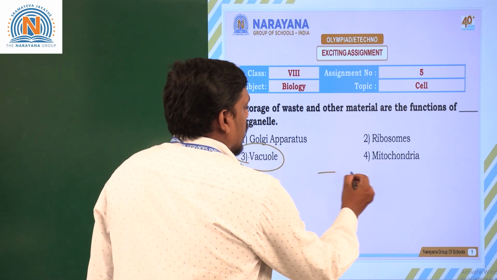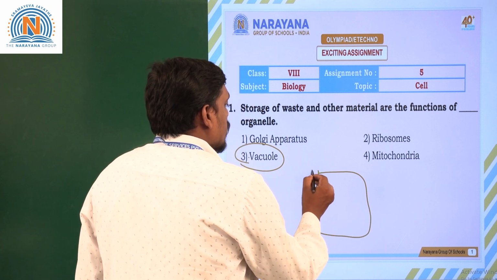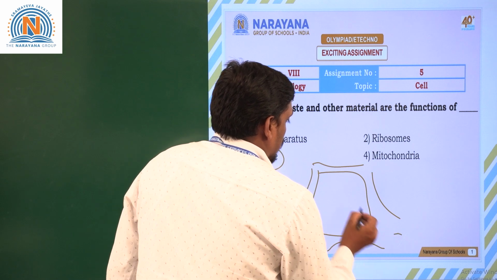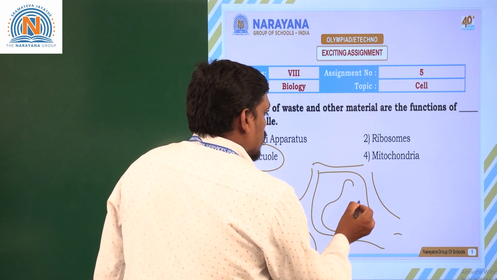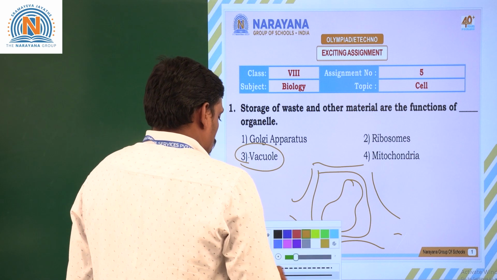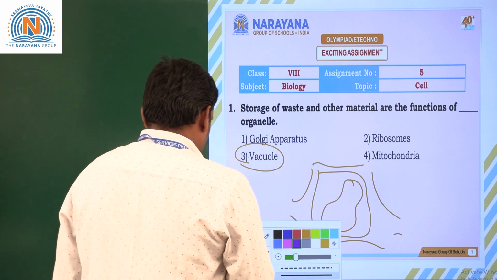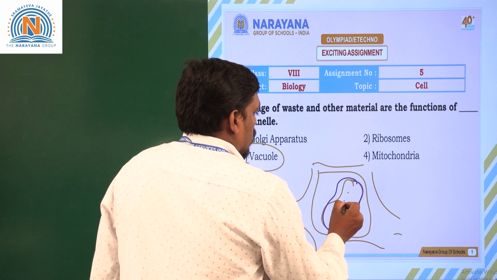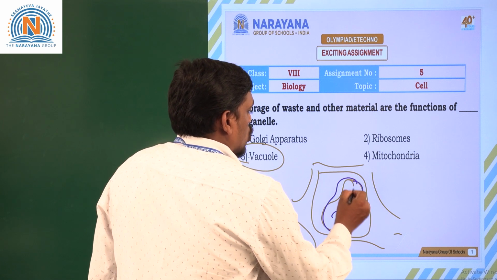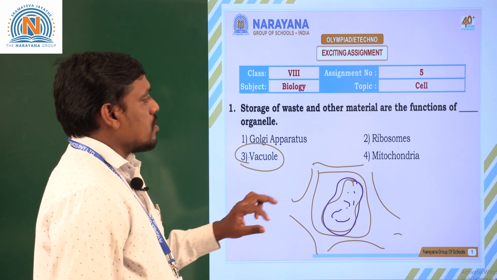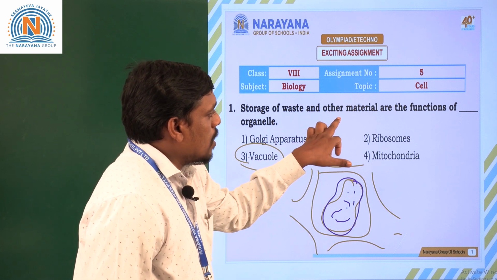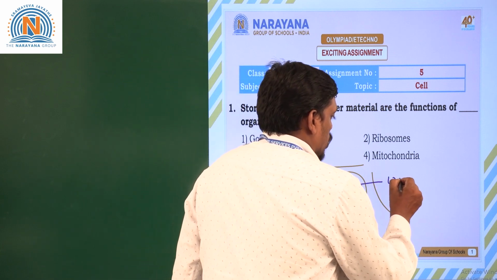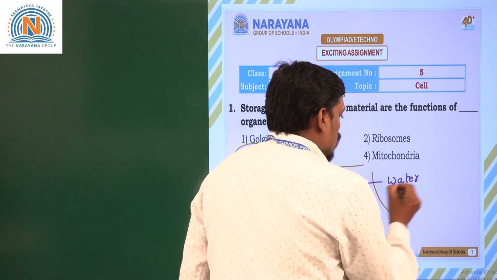Suppose we take a plant cell. The plant cell generally looks like this. The largest, or most prominent, cell organelle is the vacuole. Inside this vacuole, substances are stored. What kind of substances? Even water gets stored inside this vacuole.